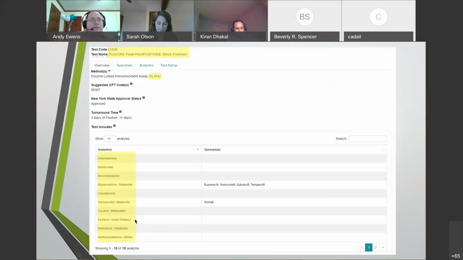Cocaine, fentanyl, methadone, and methamphetamine. So since they're only reporting positive results, you need to come in here to find out what was negative. And yes, it's saying an ELISA test, which is a screening test.